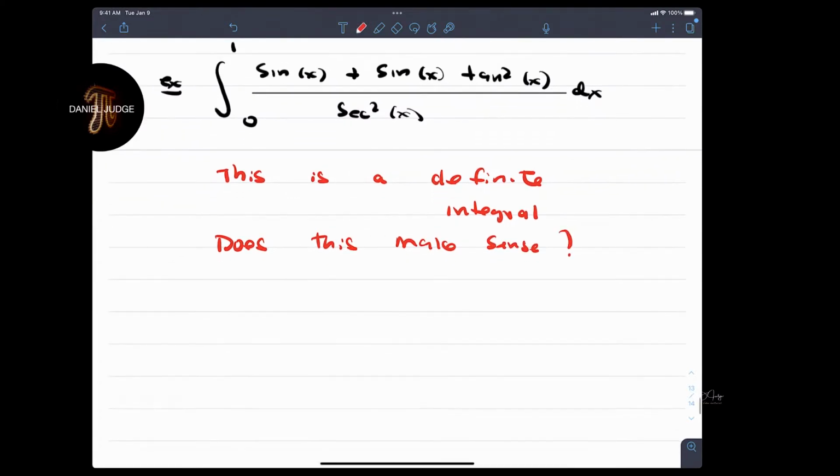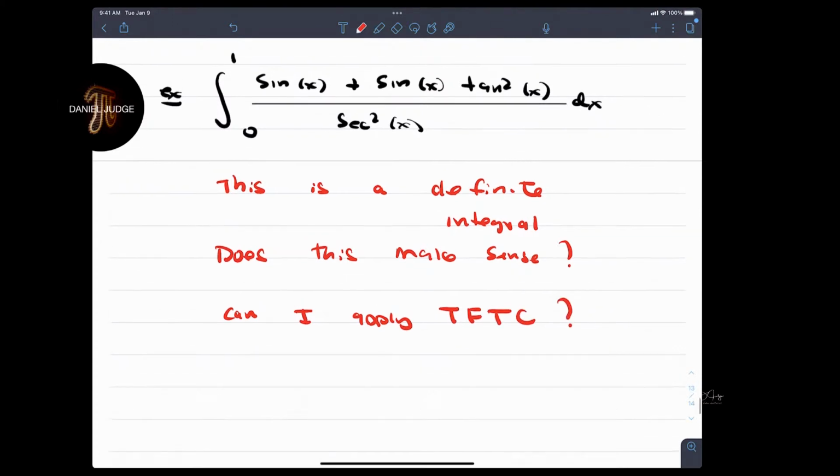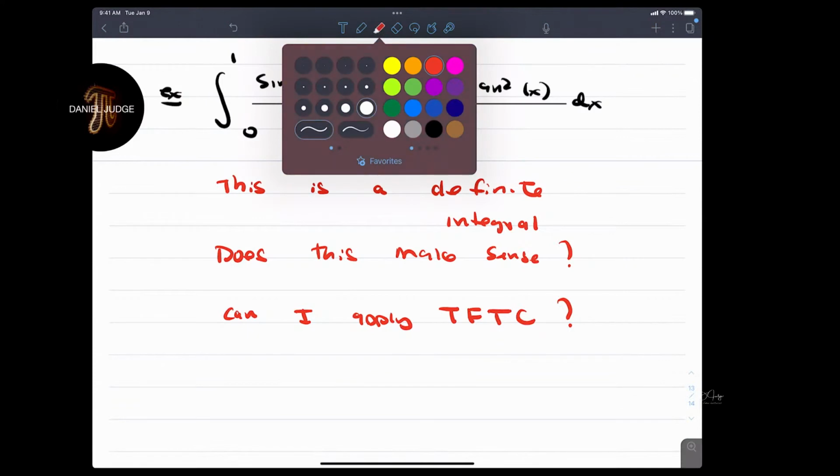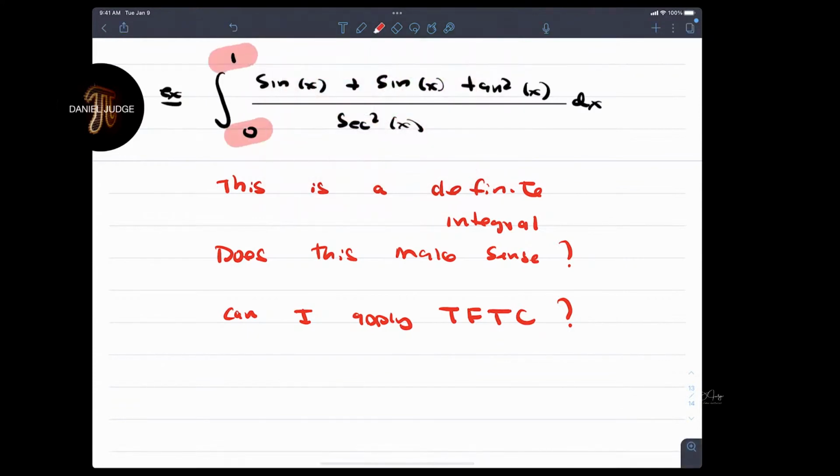And we're really asking, can I apply the fundamental theorem of calculus for this question here? Because now you've got these limits. So I'm going to ask you guys to think about this.